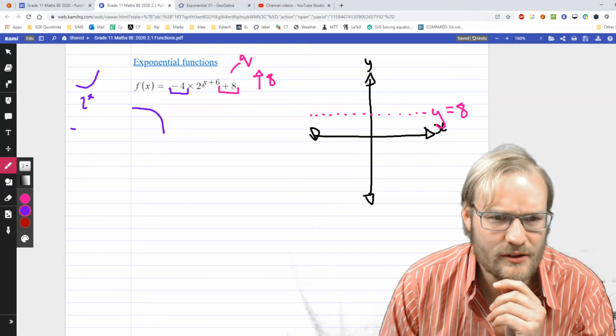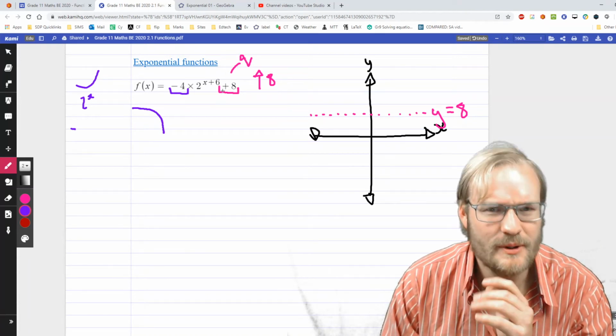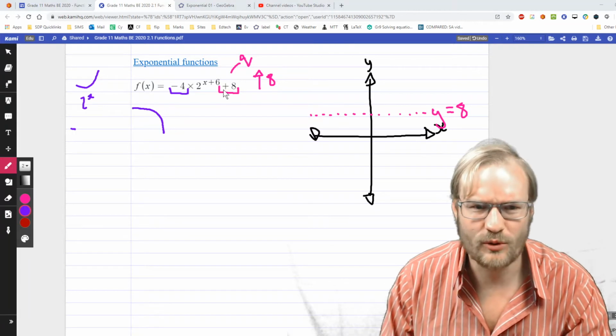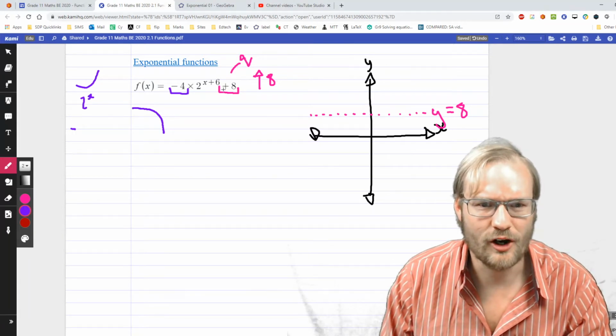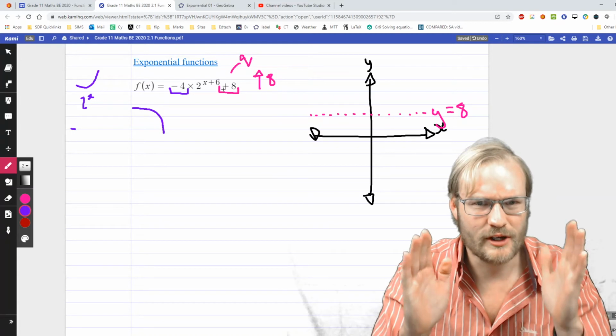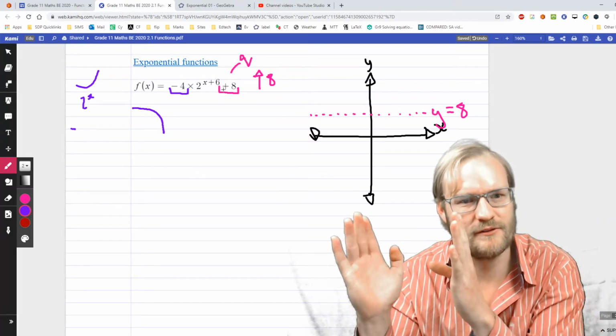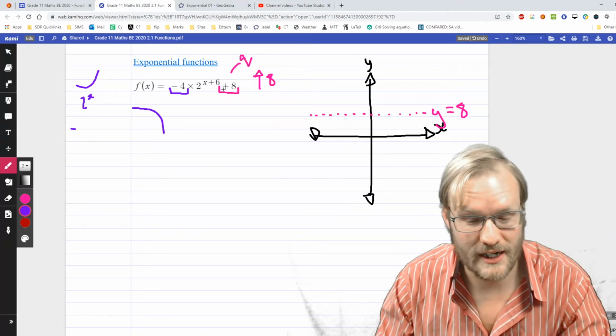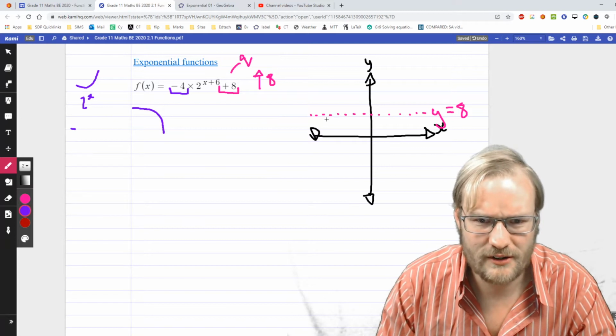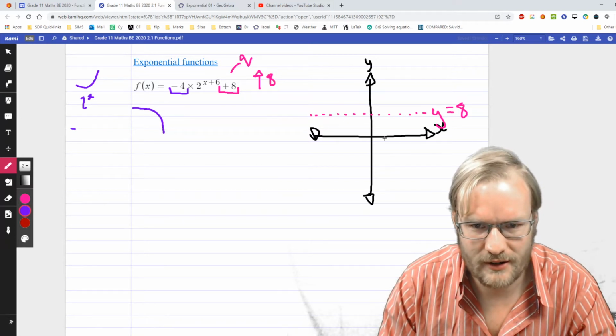Okay, this x + 6. Well, remember the +6 is saying we're going to do kind of the opposite. So we're going to be moving it left by 6, because it's +6, we're going to move it left by 6. So instead of it going through here, we know that it's going to go through on the left here. So I think it's going to go through here.